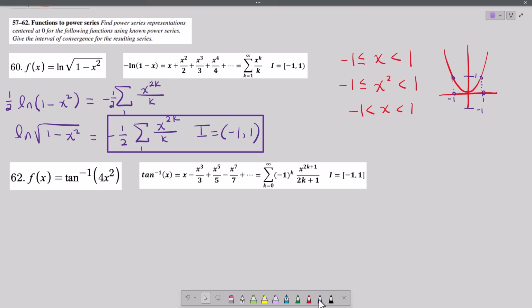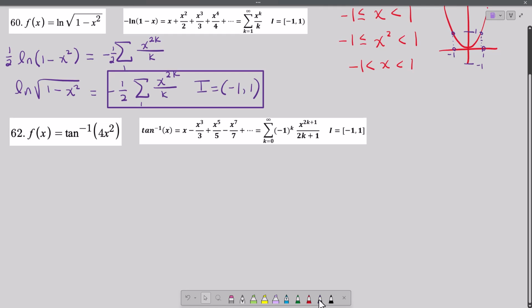Whereas up here, if you plug in -1, you end up with a 2 inside there, and natural log of 2 is, of course, defined. So there's always that extra check that you should be able to see by looking at the function side. With this one, we are purely doing a substitution.